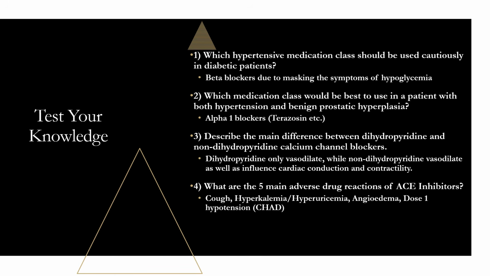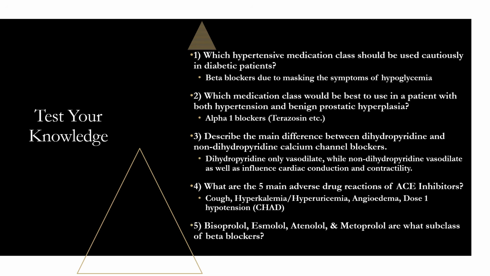So remember CHAD: cough, hyperkalemia, hyperuricemia, angioedema, and dose 1 hypotension. And then last one, bisoprolol, esmolol, atenolol, metoprolol. What does that spell? Or what subclass of beta blockers? So BEAM, remember your beam of light. Cardioselective, they only block beta 1 receptors. Remember your beam of light.